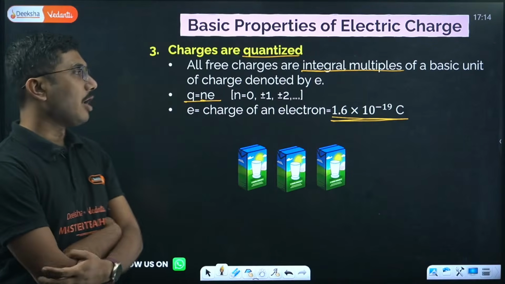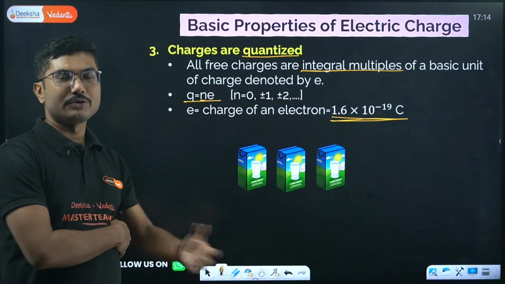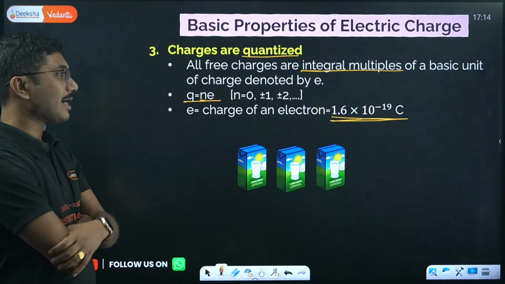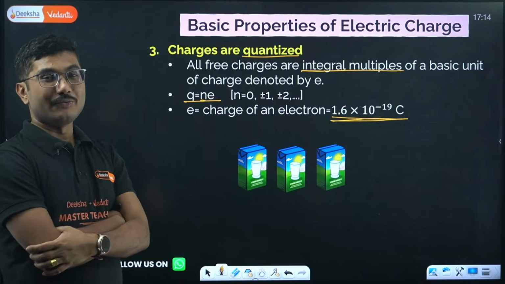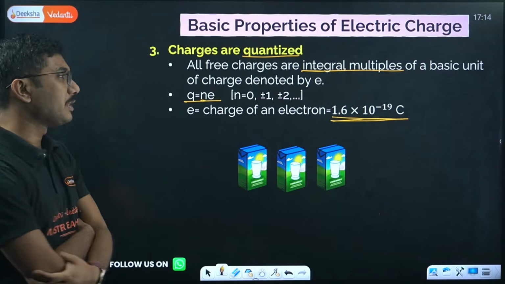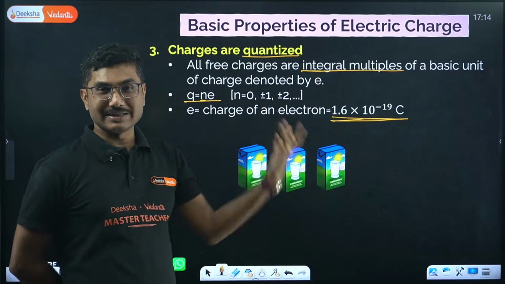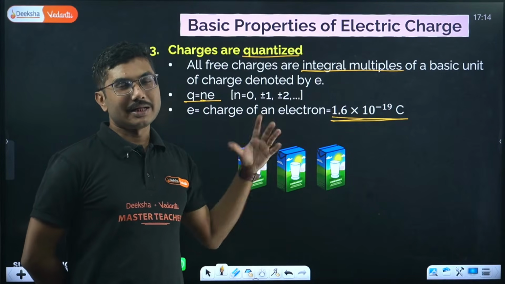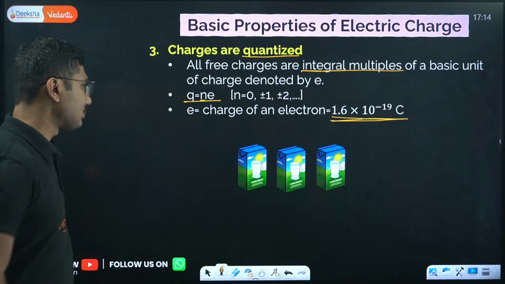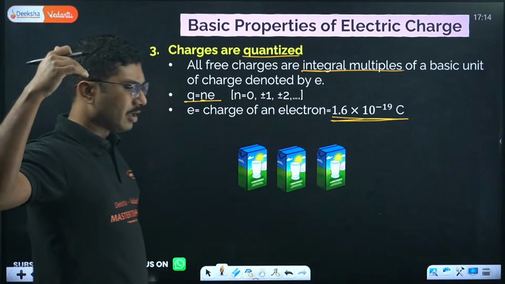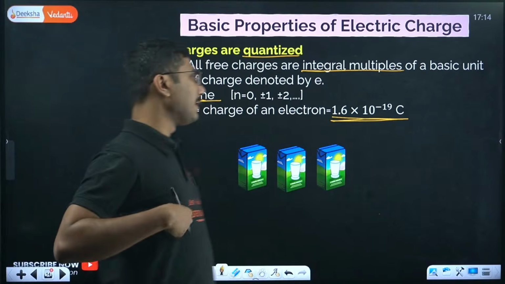Now if you are given a few charges and asked which of the charges is not possible, you have to divide by this factor, and if the answer is a decimal number, then that charge is not possible. There was one example given in your model question bank released by your state board.